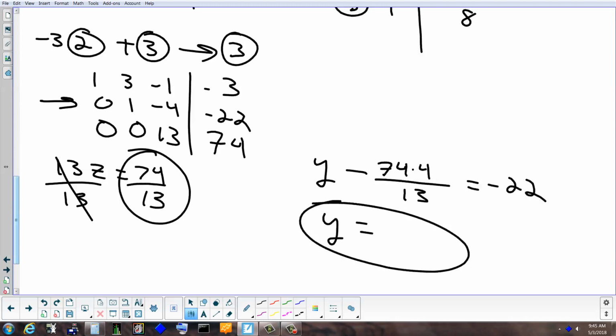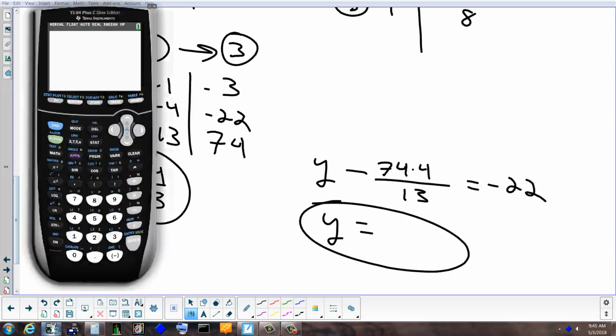Okay, so I'm going to use the calculator to handle all that for me. So I've got -74 times 4 divided by 13. And I'm going to add that number to -22. So -22 plus the fraction I just calculated.